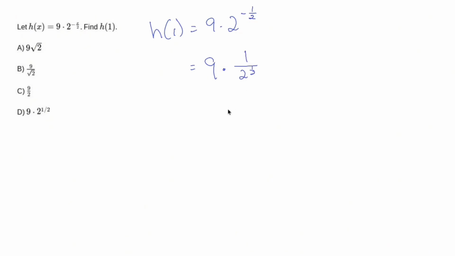When you take something to the 1/2 power, that's the same exact thing as taking the square root of it. So I have 1 over the square root of 2, and 9 times 1 over the square root of 2 is 9 over the square root of 2, which matches up with b.